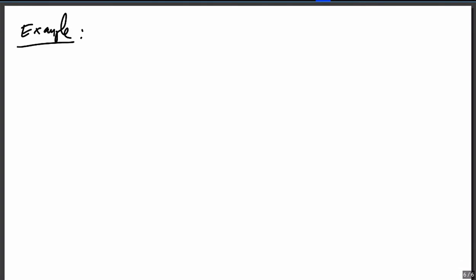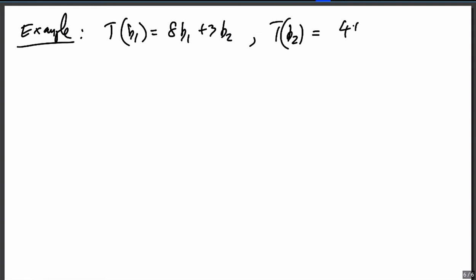Another example, for example, if you have a formula that T B1 equals 8 b1 plus 3 b2 and T B2 equals 4 b1 plus 7 b2, then of course the question is what are these b1, b2? It's not x and y like we used to work with, and it doesn't have to be x and y, so it's better to be precise.